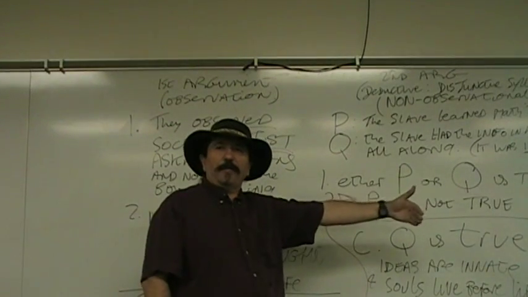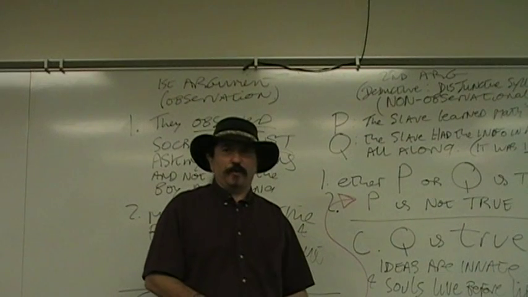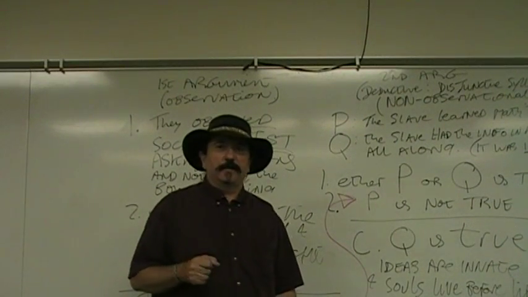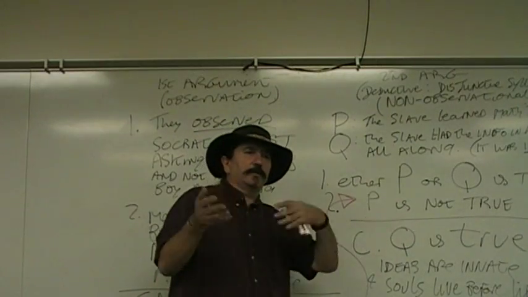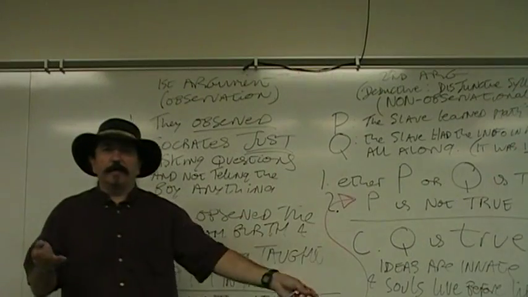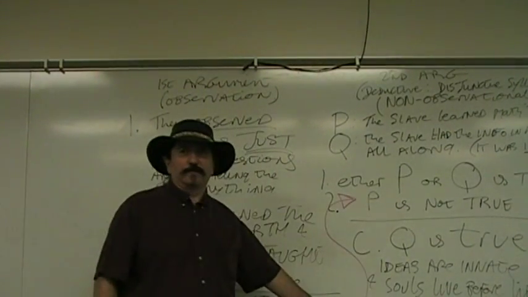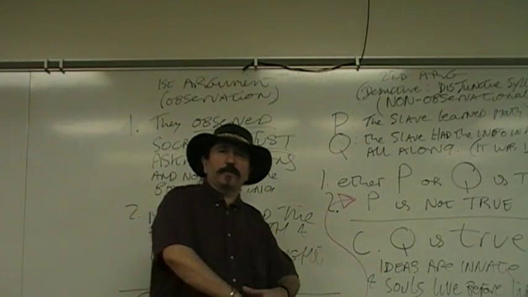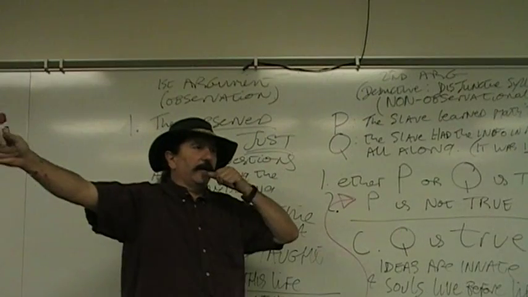All that has to happen for this to work is that some people have more than one life. Maybe it's just this slave boy. Maybe it's a lot of people, but you have two or three lives. He's got one observation, and he's trying to put this whole construction on it.